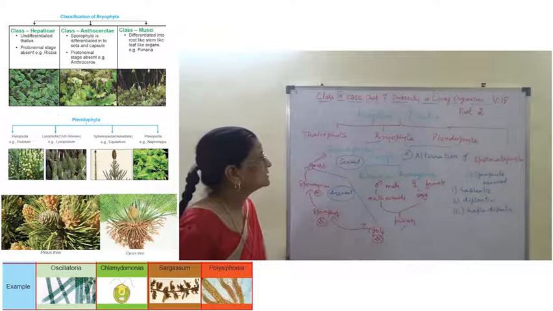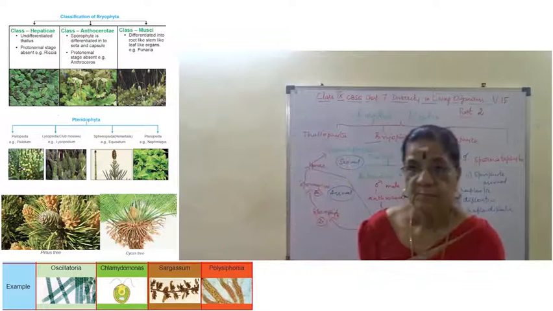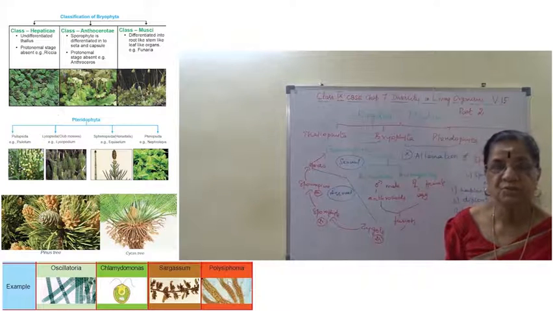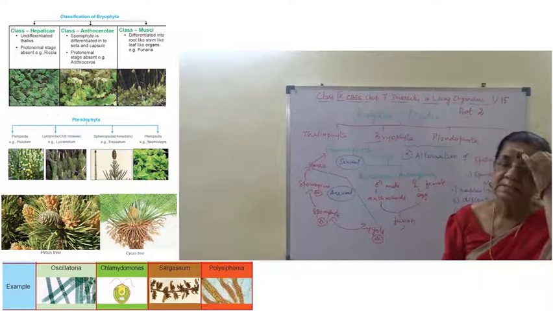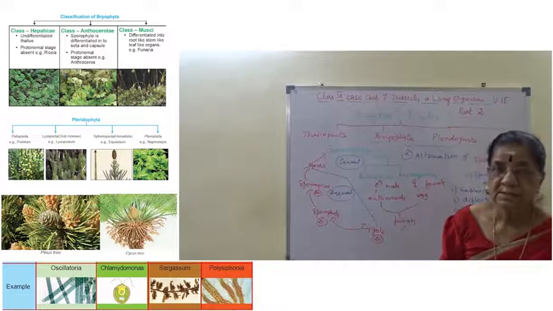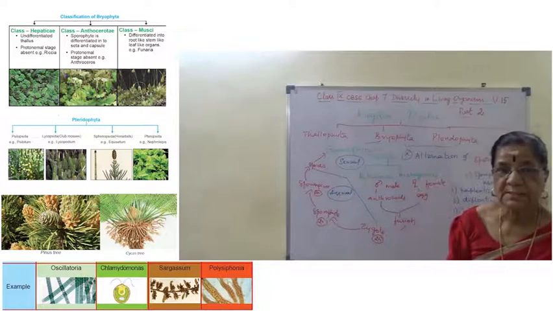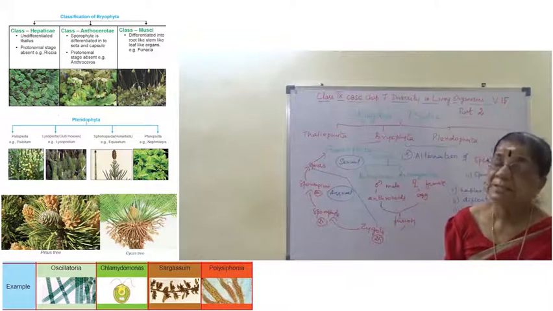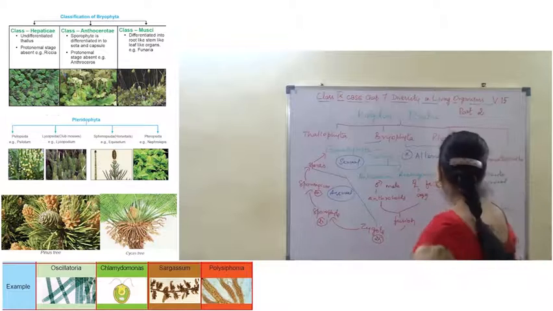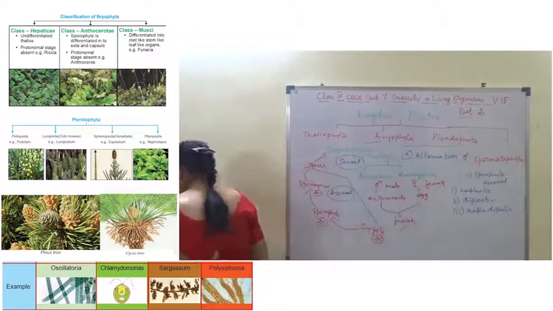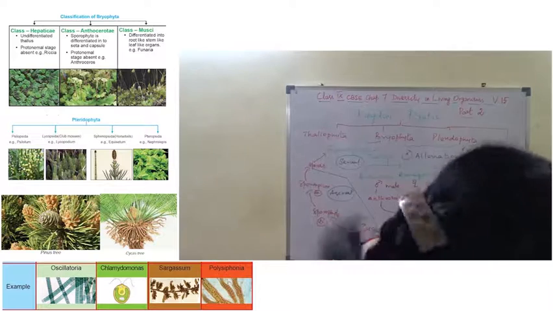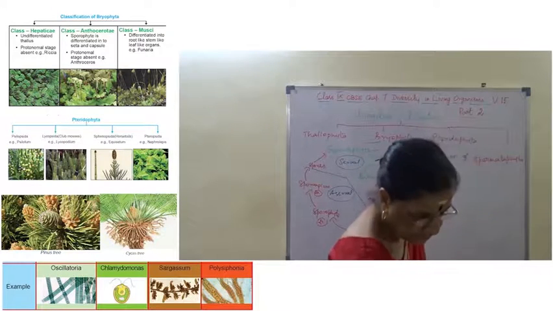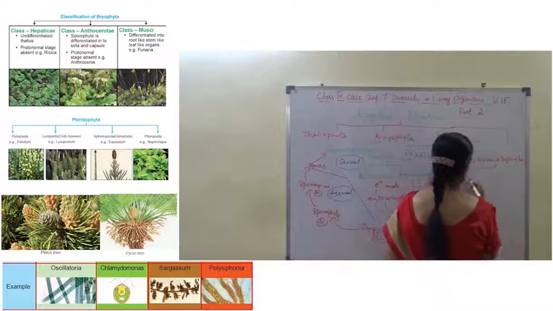Then one more point: thallophyte, bryophyte and pteridophyte also come under the group cryptogams, and the spermatophyta are phanerogams. These three are non-flowering plants, whereas spermatophyta are flowering, seed-bearing plants. Spermatophyta are further divided into gymnosperm and angiosperm.